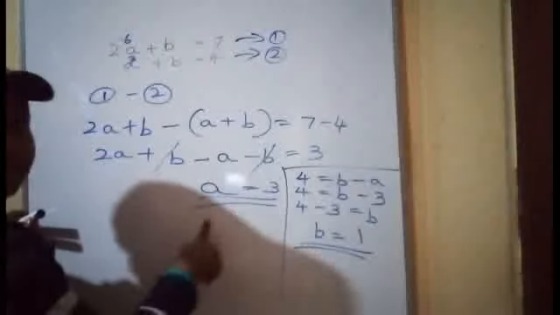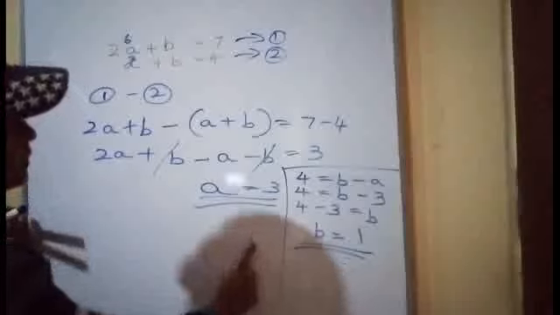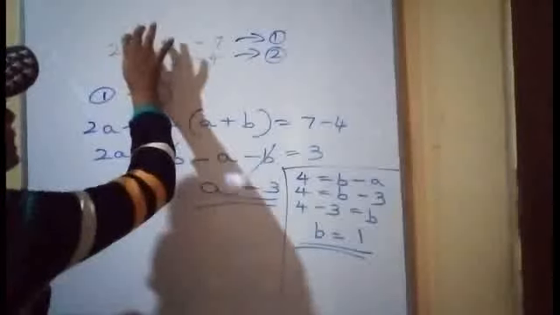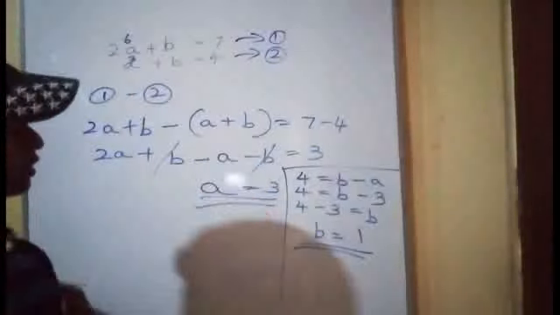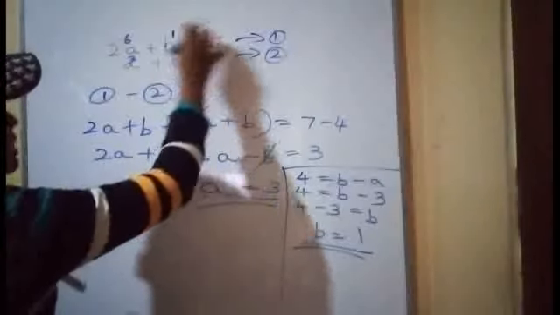So a is 3, and 2a is 3 times 2, which is 6. b is 1, so 6 plus 1 is 7 and 3 plus 1 is 4.